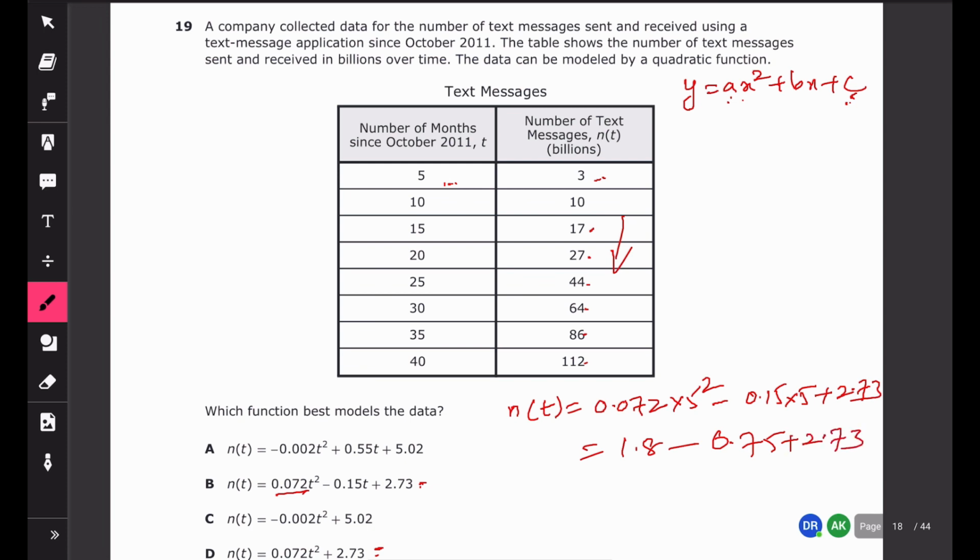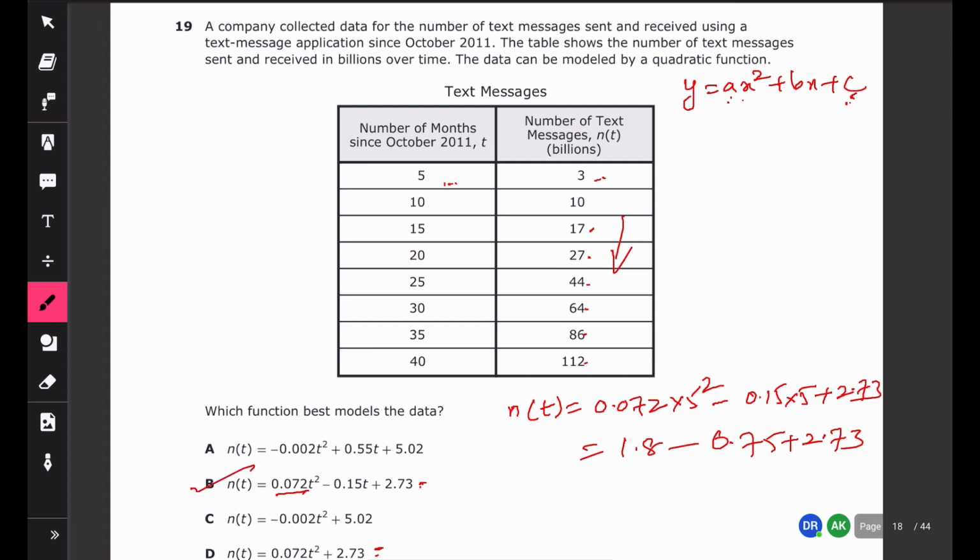We'll add all these and see what we are getting. 2.73 plus 1.8 minus 0.75 is close to 3.78. It is nearly close, so we can tell that the function which best models the data is B.